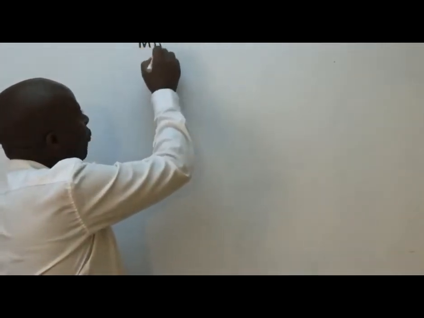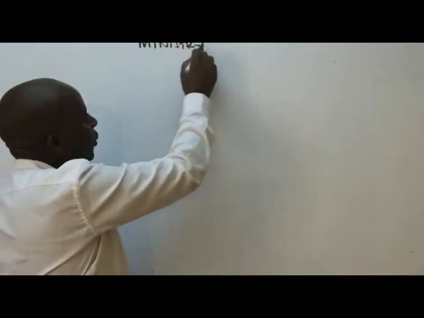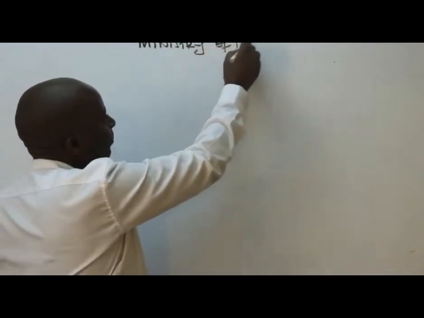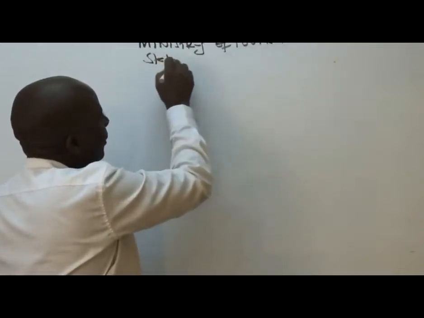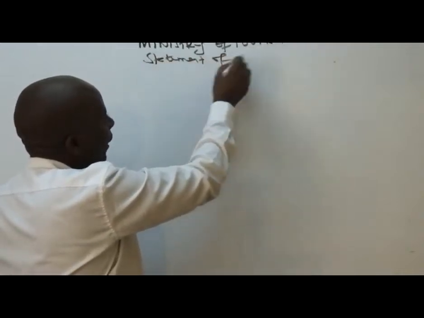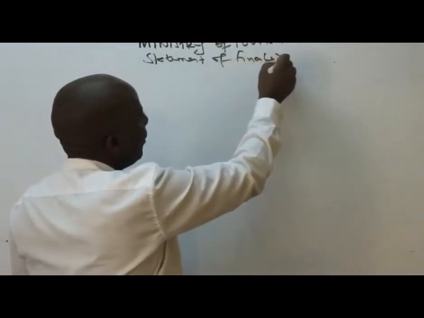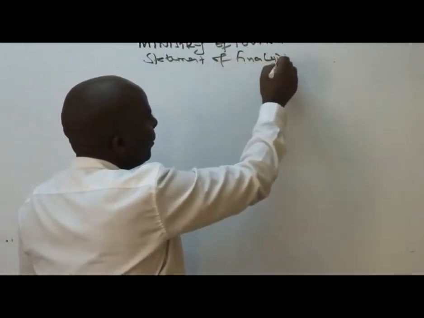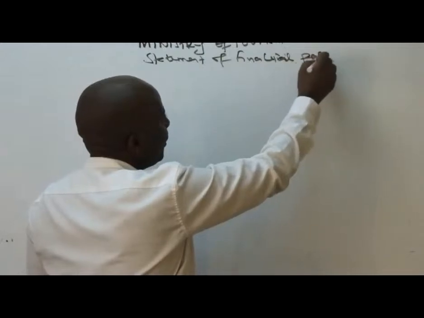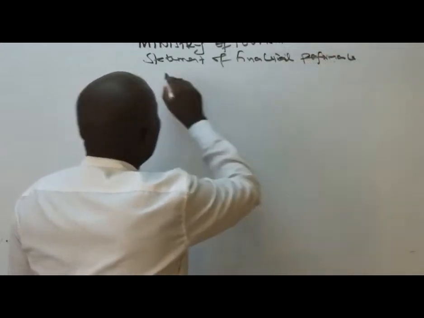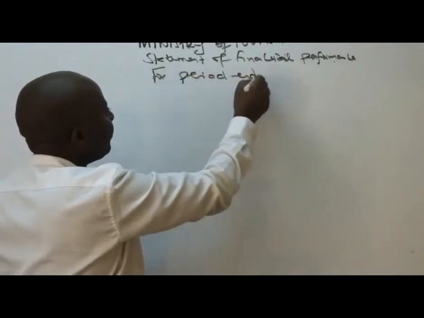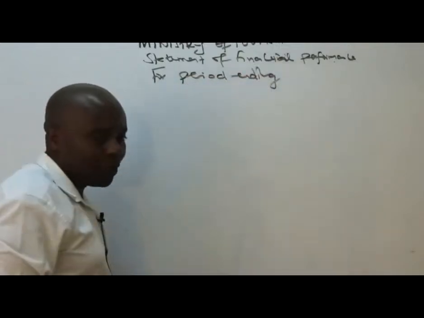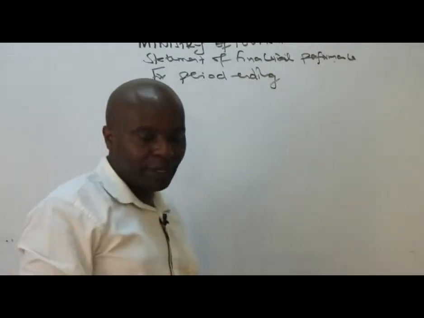So we start with, because we must talk of ministry, the title has to be there: Ministry of Tourism. Statement of financial performance for the period ending. They must give us the period really.